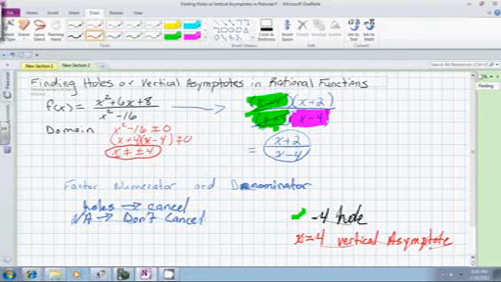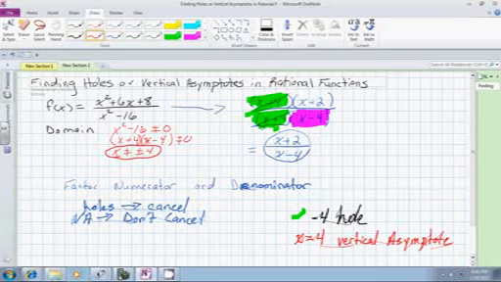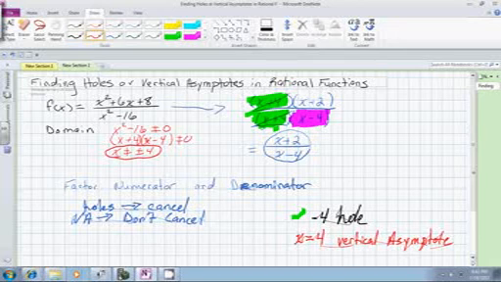In summary, to find these, first factor top and bottom. If anything cancels out, then that value that would have made it undefined is a hole. Then the value that's left that makes it undefined is the vertical asymptote.